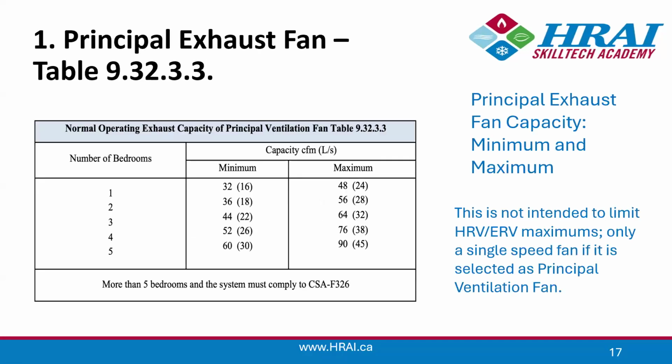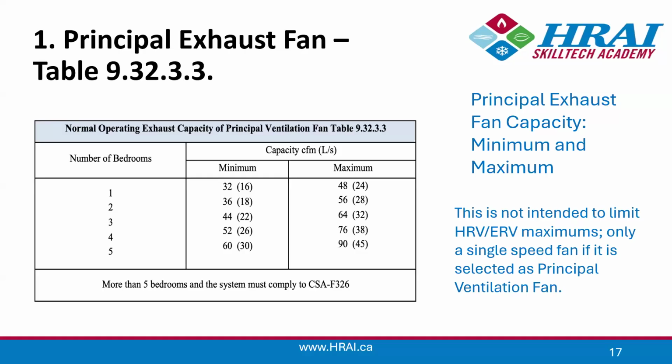So table 932.33 has those minimum and maximum principal exhaust fan capacities. You can see that if we look at a standard 3-bedroom home, we've got a range of 44 to 64 cubic feet per minute. In the old standard, we would use 30 liters per second, 60 CFM for a 3-bedroom home.